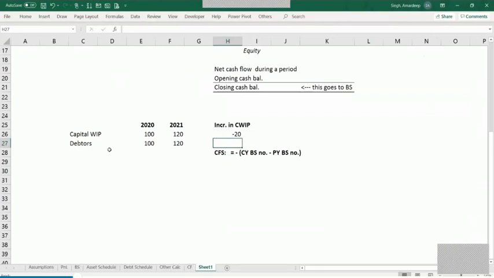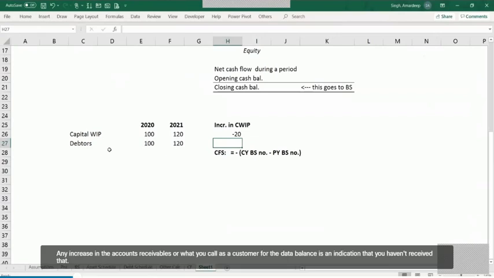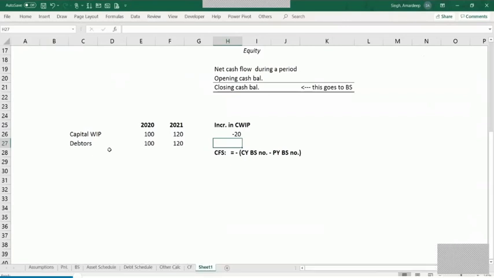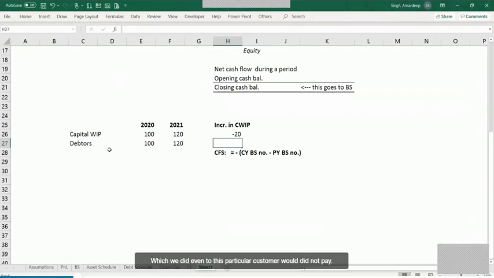So any increase in the accounts receivables, or what you call as your customers or the debtor balance, is an indication that you haven't received that cash, right? So the debtors basically directly relate to the sale being done by the company. In the P&L, we have taken the complete sale, which we did even to this particular customer who did not pay me cash of 20 rupees. So that 20 rupees is a non-cash component.